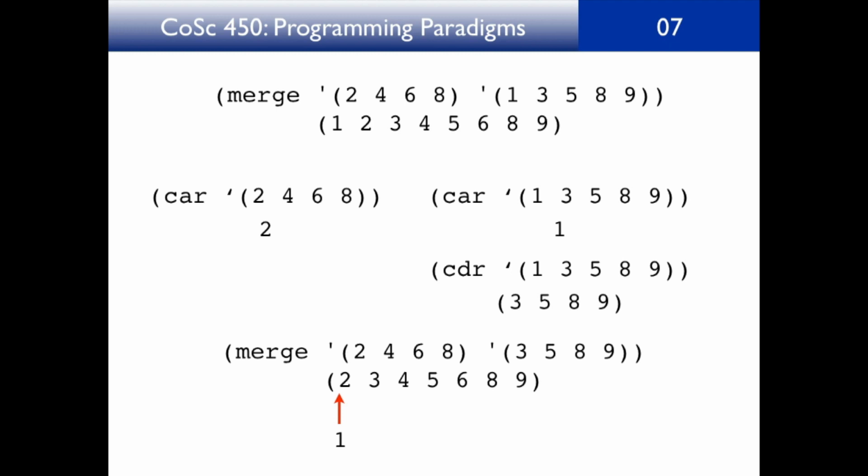We return the cons of the car of list 2 with the merge of the cooter of list 1 and the cooter of list 2. You just see it and you say it and then you type it.